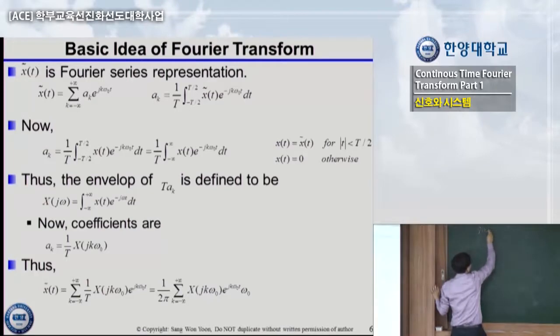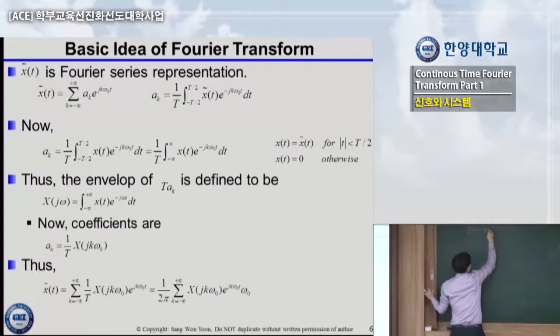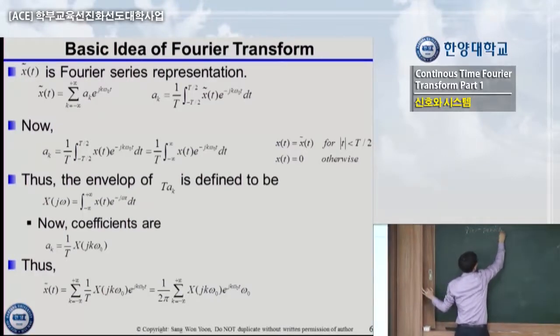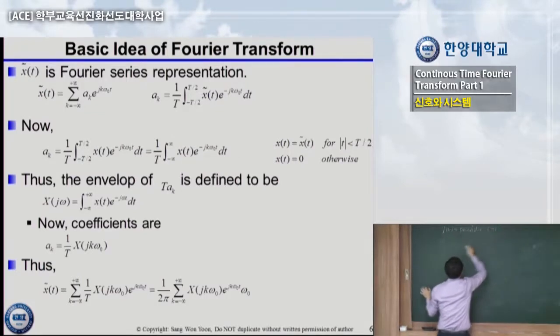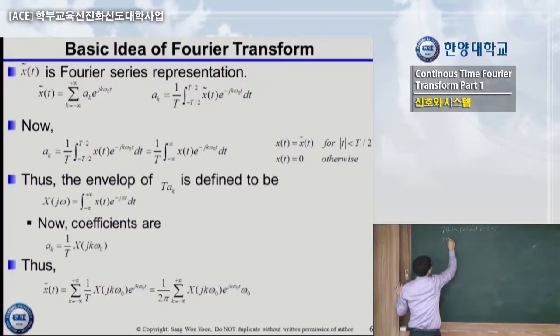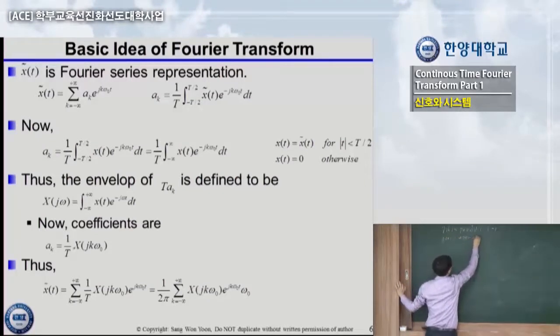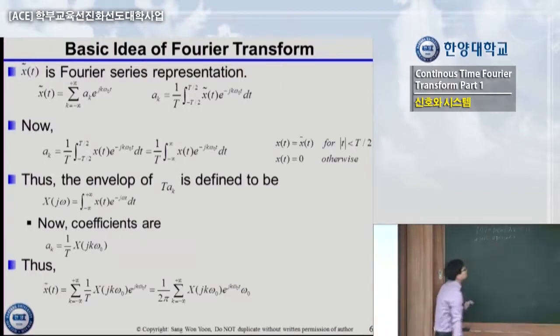x tilde is a periodic signal repeating every T, and x is the non-periodic signal. So let's have a symbol for it.